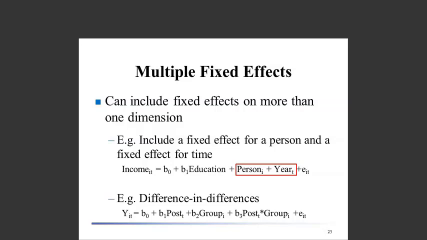You can also have group and time fixed effects, which are components of the difference in differences model, which we talked about in a previous lecture with Jean Yoon, and where you're interacting the group and post-period fixed effects to get a treatment effect, which accounts for group level characteristics that are time invariant as well as an overall time trend.